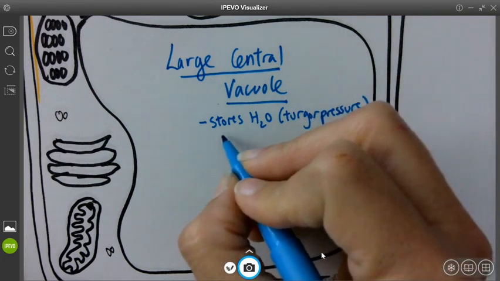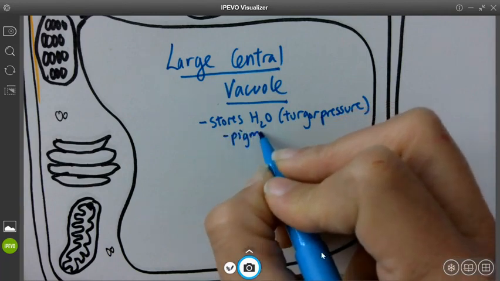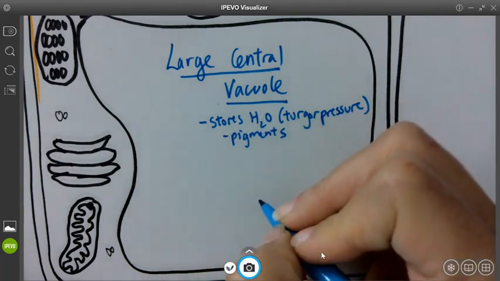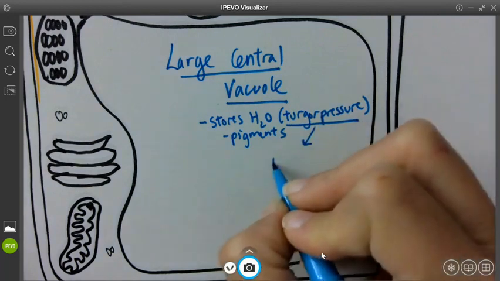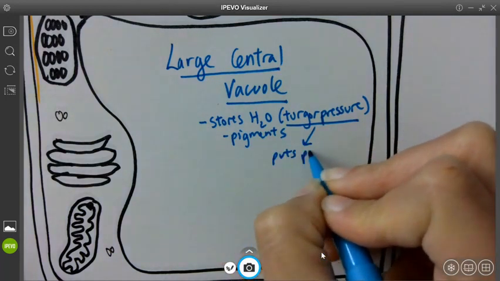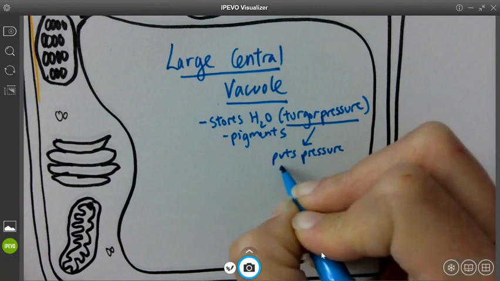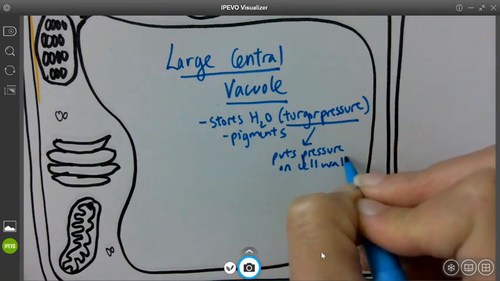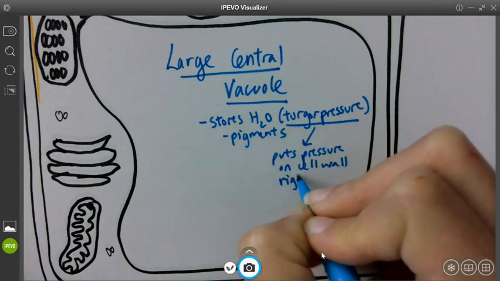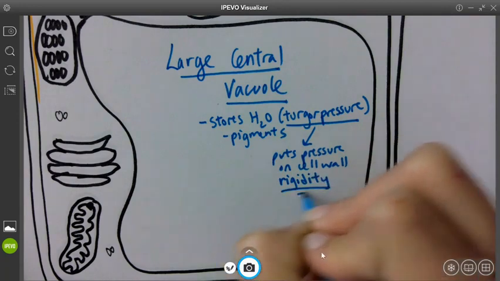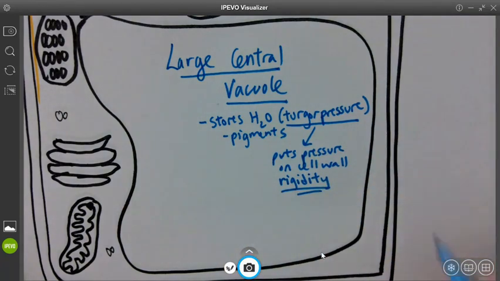It can also store pigments. And again, this turgor pressure puts pressure on the cell wall to help with rigidity. Remember, plants don't have skeletons.